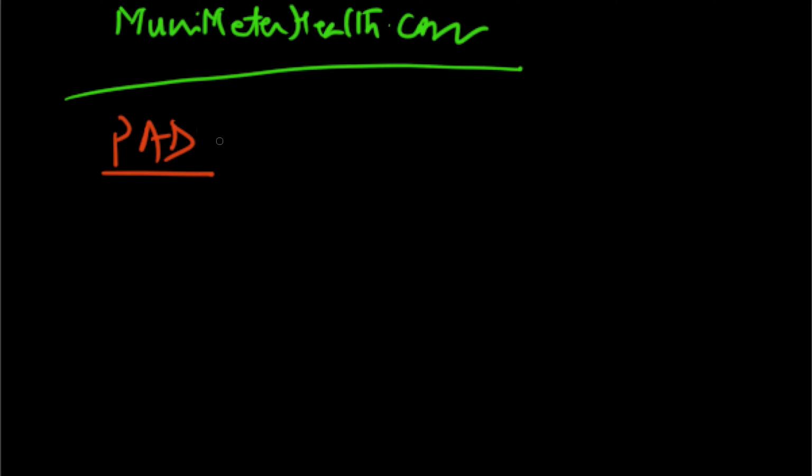We call it PAD. Now, PAD is related to the arterial supply disorders that occur in peripheral arteries, as simple as that. But peripheral vascular disease implies other vascular territories or categories of various arterial beds, including renal, for instance, or carotid.